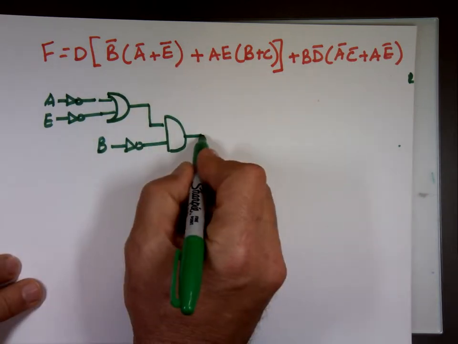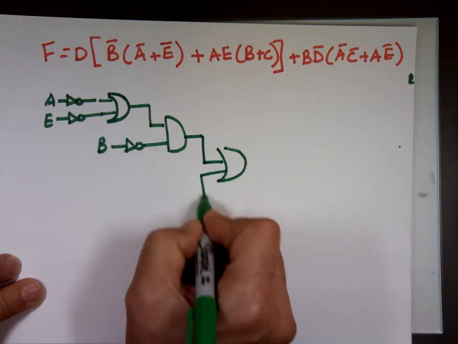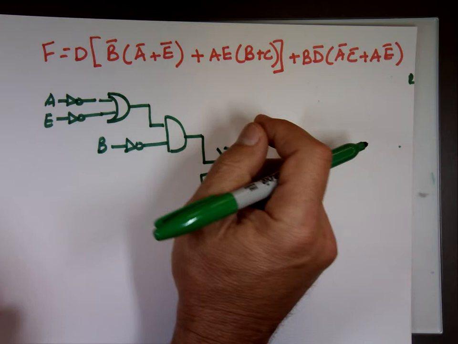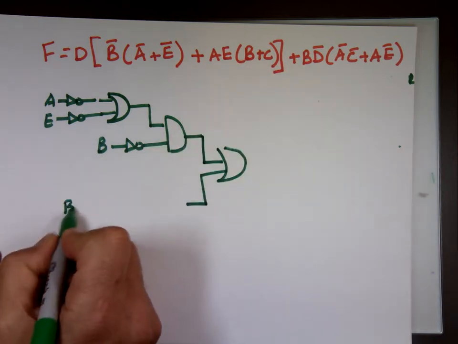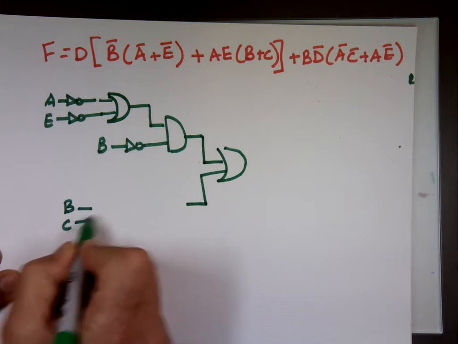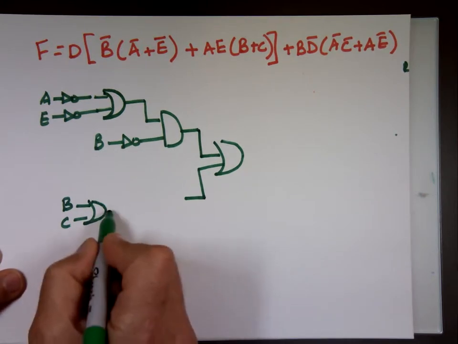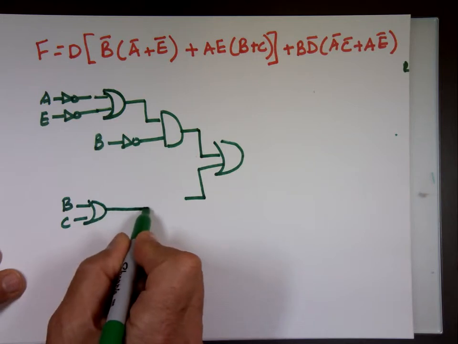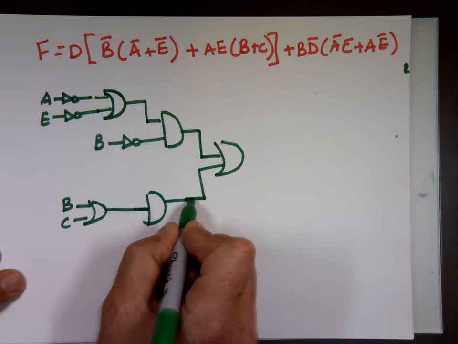Or what? Let's look at this. We have B or C. The result is what? AND it with what?